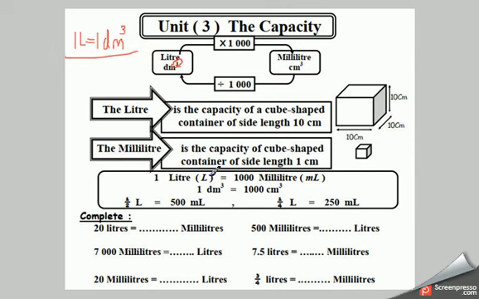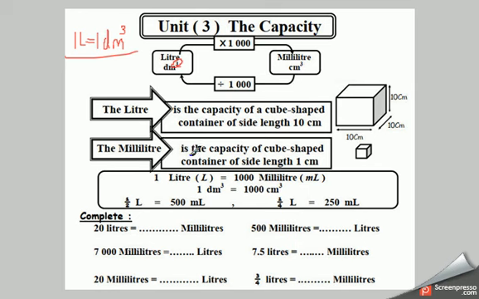Now I will take some examples. Attention with me. First, the unit liter: I can use this unit for the capacity of a cube shape. If I have this cube container of side length 10 centimeters, when I want to get its volume, I should use liter or decimeter cube.